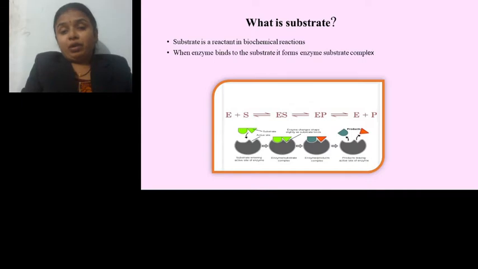so that the substrate gets converted into the product. In the given diagram, the reaction of the enzyme with the substrate is shown, where E stands for the enzyme and S stands for the substrate. When the enzyme reacts with the substrate, it forms the enzyme substrate complex. At the complex, all necessary interactions occur between the enzyme and substrate, and the substrate gets converted into the product.